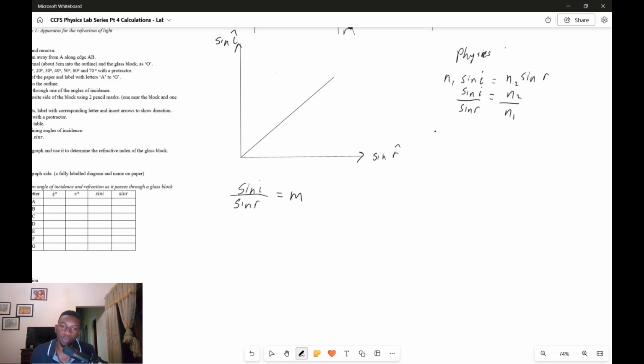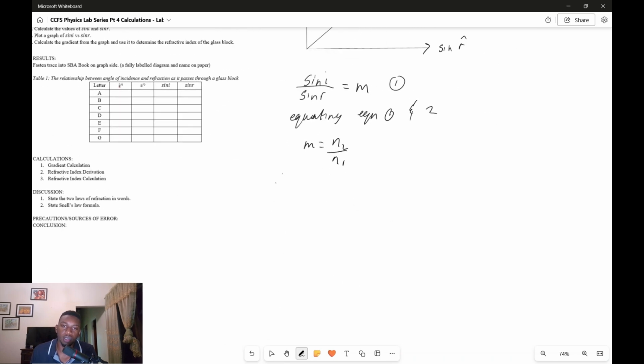All right, and this is what we have, right? So we could equate these two. We have this equation, equating equation 1 and 2, we have m equals n2 over n1.